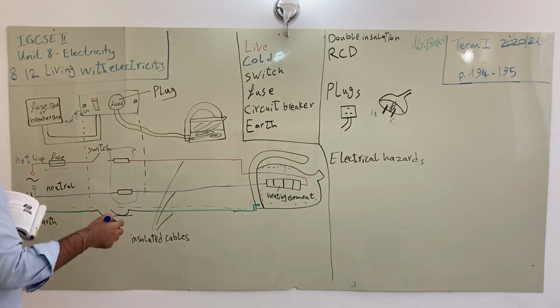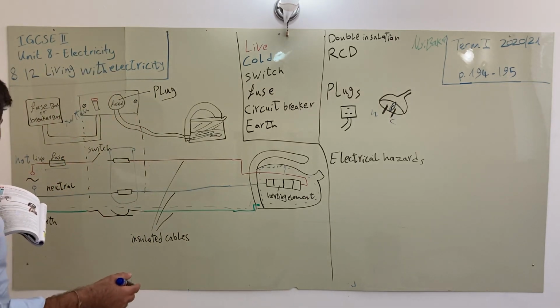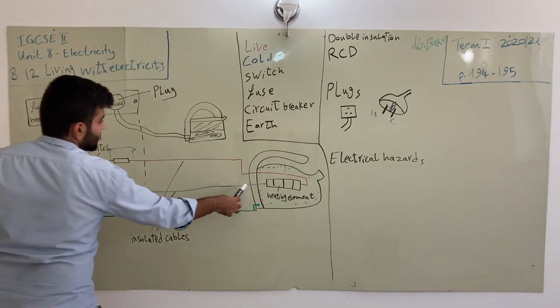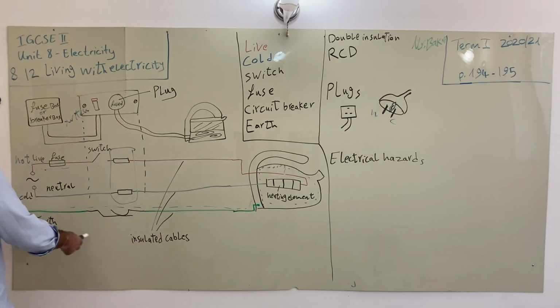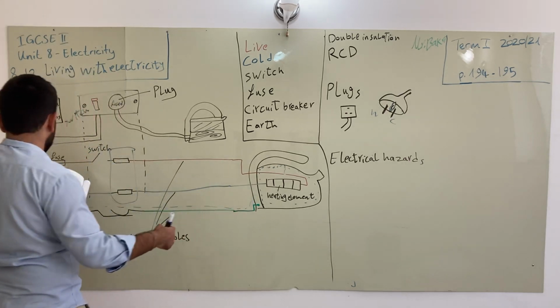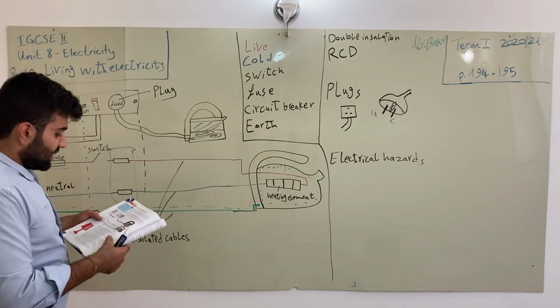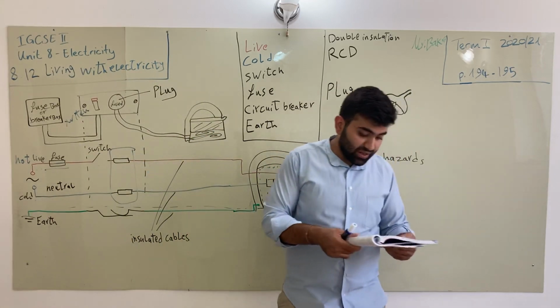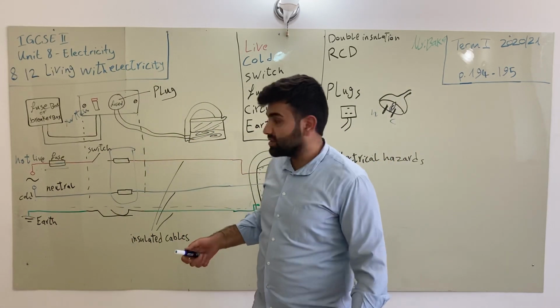So now we understand how it's working. Again, the live and the neutral go to the heating element, then the earth to the body. The live supplies electricity, negative and positive, making the current flow backwards and forwards in the circuit.